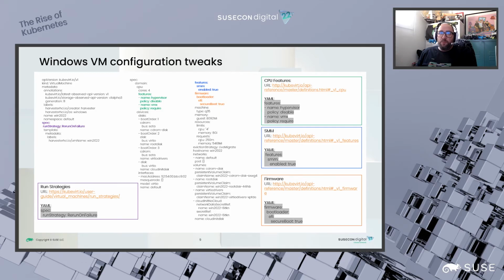Another point here, as you can see in green, was all the CPU features. This one is more related to KubeVirt directly, not really Harvester. And KubeVirt on this one really allows us to load CPU features from QEMU, the virtualization technology that it's using behind the scenes, and actually load them into our VMs.